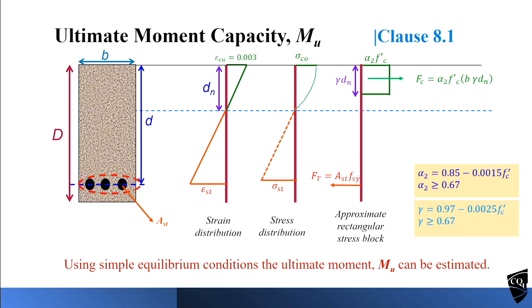Where the strain is zero, we call it the neutral axis. If you remember last week's lectures, we calculated the depth of the neutral axis, y bar, for cracked and uncracked sections.